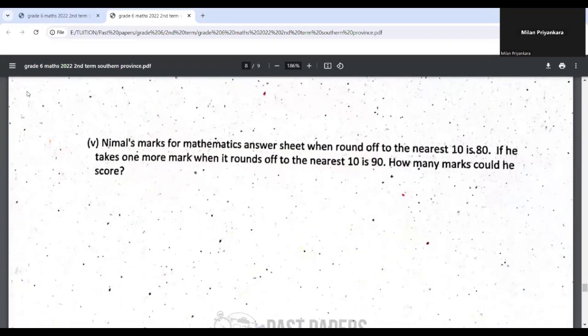In this one, Nimal's marks for the mathematics answer sheet, when rounded off to the nearest 10, is 80. If he takes one more mark, when it rounds off to the nearest 10 it is 90. How many marks could he score? Say Nimal got 81, then it goes to 80, right? If we add 1, it will be 82. Then also it goes to 80.